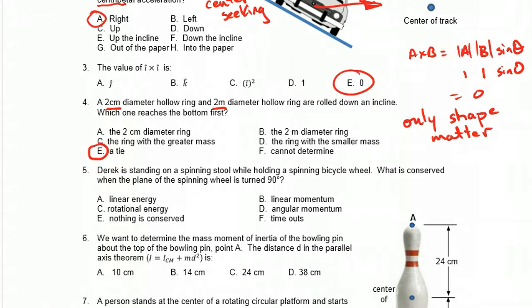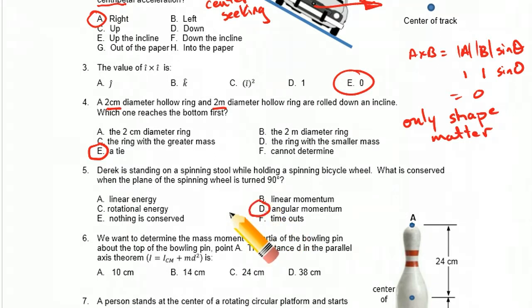Derek is standing on a spinning stool while holding a spinning bicycle wheel. What is conserved when the plane of the wheel is turned 90 degrees? We had this demonstration in lecture when we were talking about conservation of angular momentum.